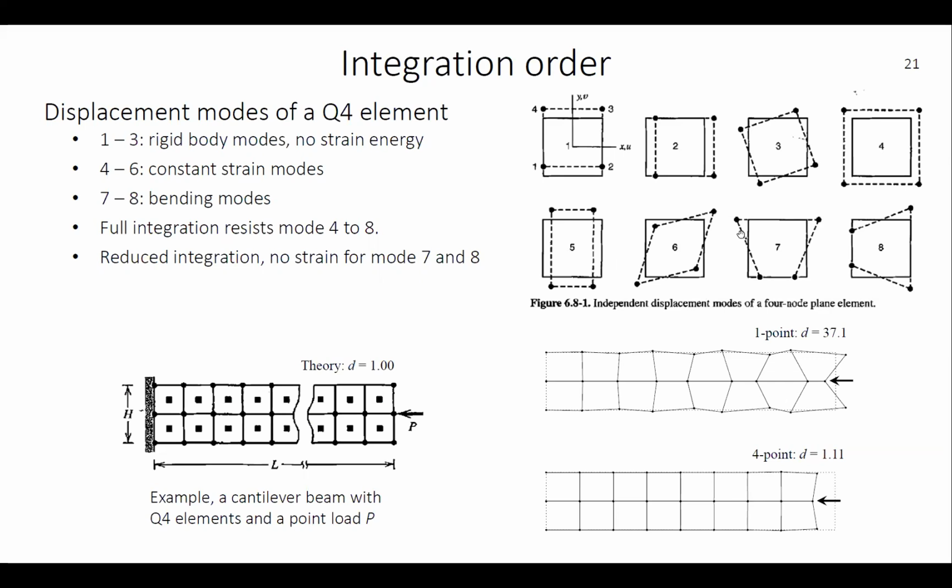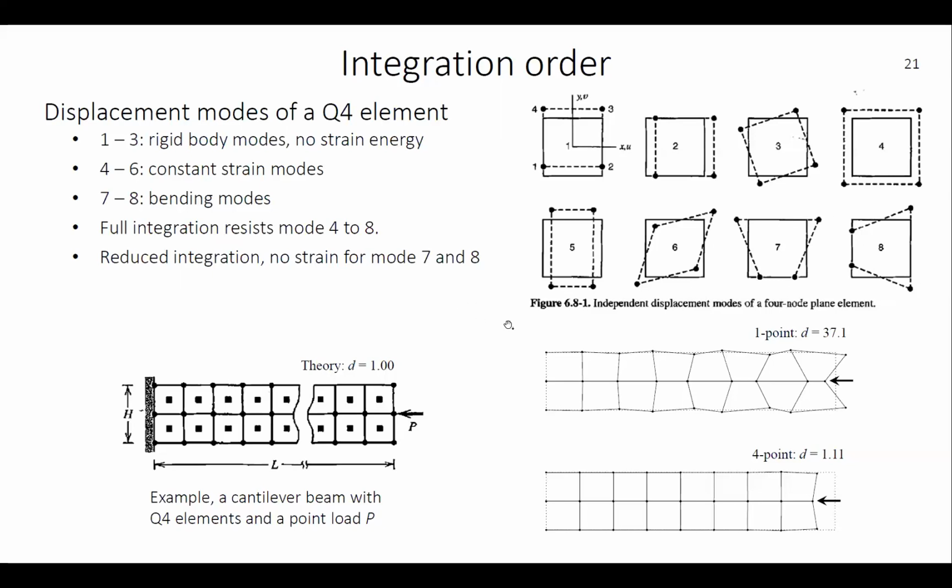Now, if we have reduced integration, we don't have any strain for modes 7 and 8 because it's evaluated at the center point. And this may be important for reducing, say, shear locking effects, because you will not have any contribution from bending. And if you try to bend this element, it will become overstiff because you only have linear sides.